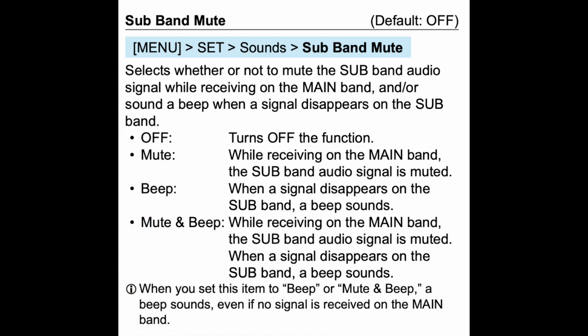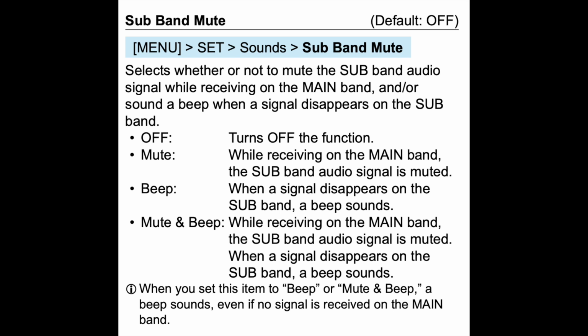Okay, here's the pros and cons of having dual band radio full duplex. If you have the function off and both of your bands have activity, you'll receive both at the same time, though my understanding is one will be lowered depending on which band or subband you're in.